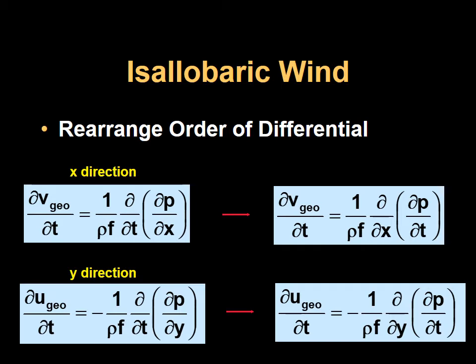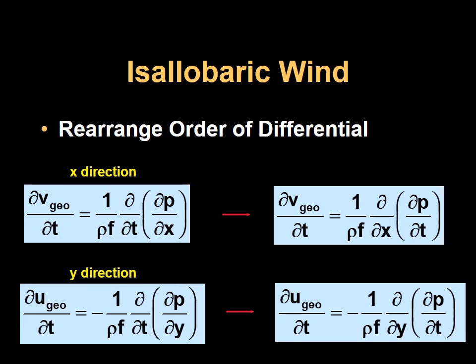In other words, for the first equation, we had the derivative with respect to time of dp/dx. Well, we're going to swap that derivative, pull the x out and put the t inside of that parentheses. So now we have, for both equations, the x direction and the y direction, something that looks like dp/dt.